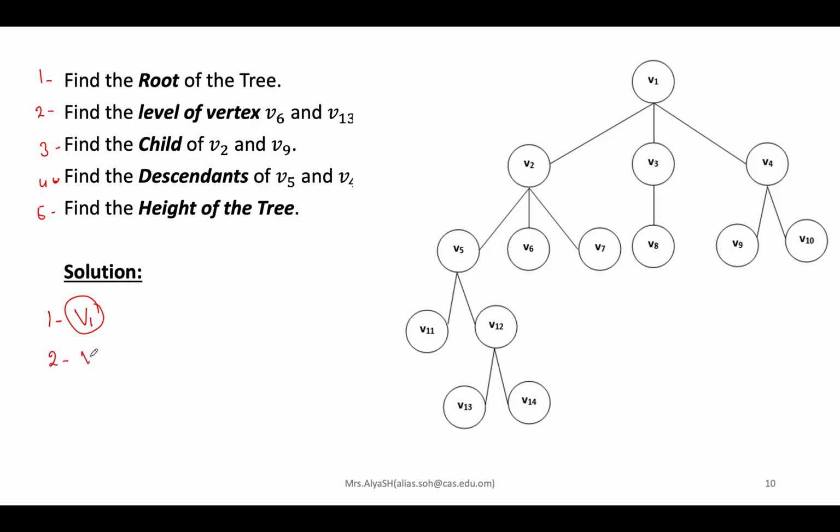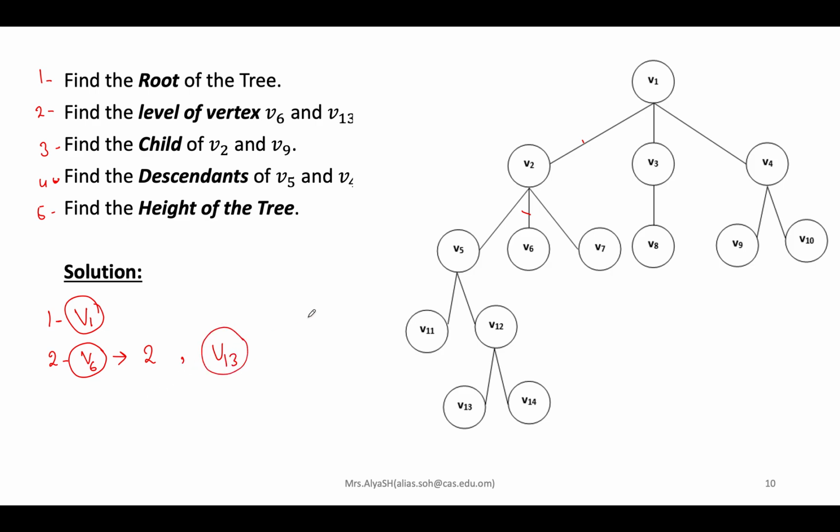For V6, we say level is the number of edges in a path from the root until the certain vertex. So for V6, we've got V1 going to V2, and here we've got V6. Now how many edges from V1 to V6? We've got 1 and 2. So the level of V6 is 2. How about V13?